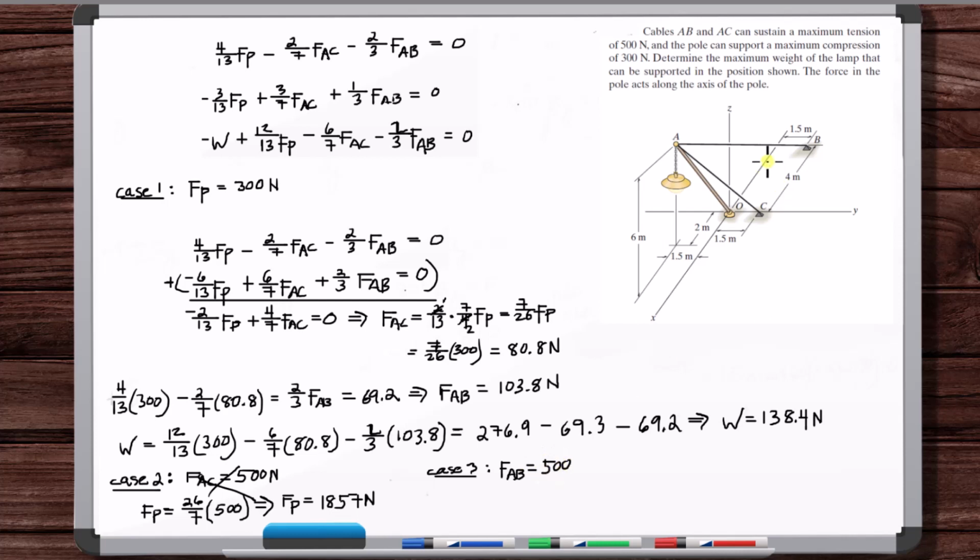So maybe if AB is under max load, that's a system that allows the lamp to be even heavier than this. This is case 1. Okay, so in this scenario, we want to add or subtract these two equations, but now we don't want to get rid of FAB. We want to get rid of FAC. So we'll multiply this equation by 3 and this equation by 2.